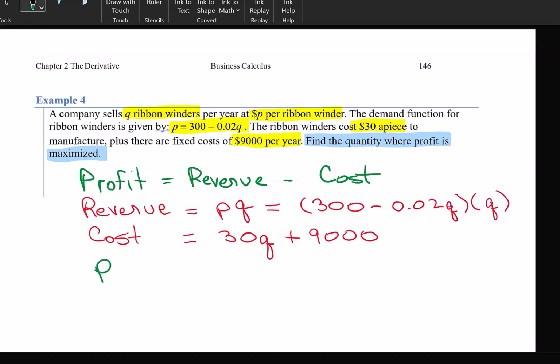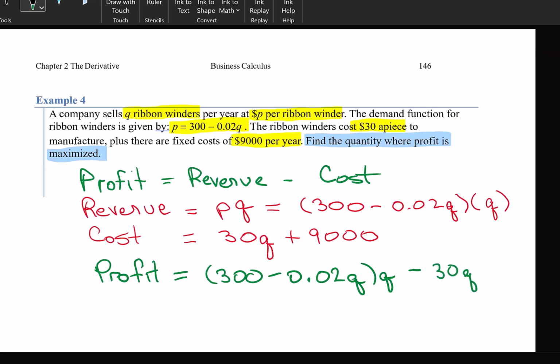So the profit is going to equal revenue, which is 300 minus 0.02Q times Q, minus 30Q. Don't forget to put this in parentheses because that minus 30Q plus 9,000 is going to turn into a negative.